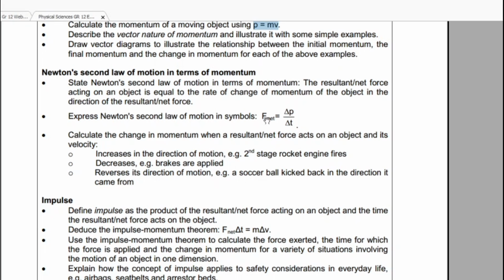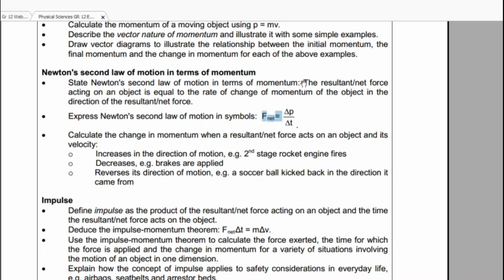So in this case, F net is equal to the rate of change in momentum.